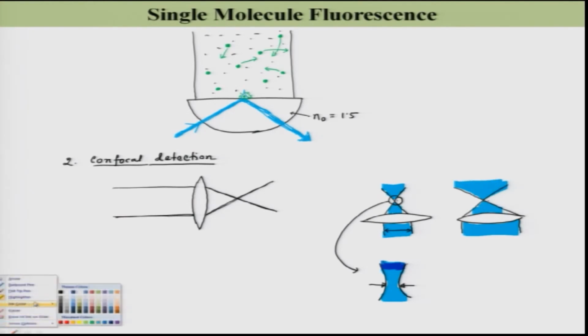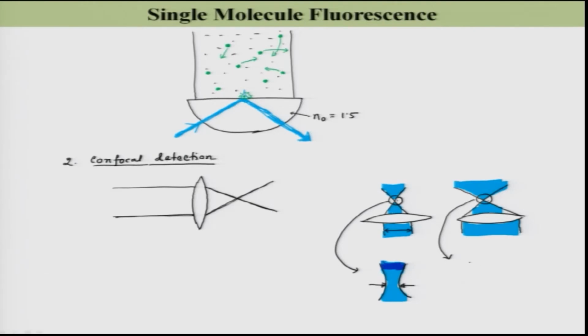Now, if I zoom out this part, what you are going to see is that it looks like this, right. So, here you see the spot size at the focal plane is much smaller than this, but it is diverging too much.